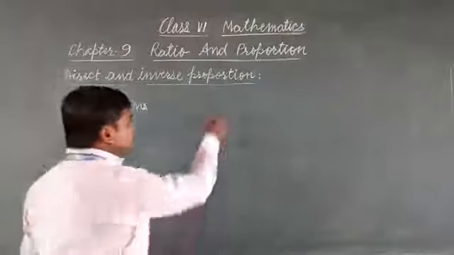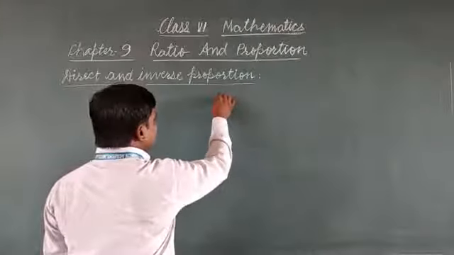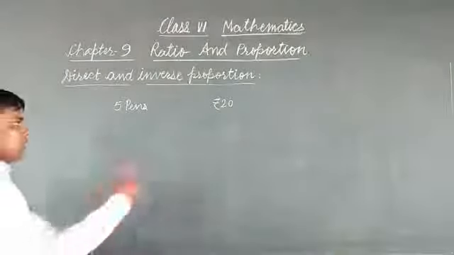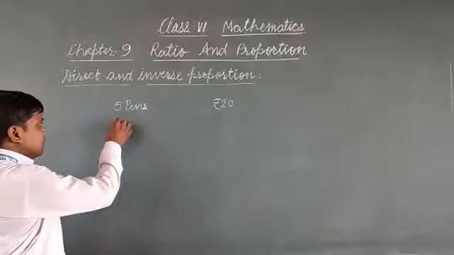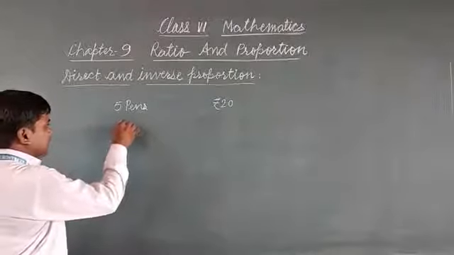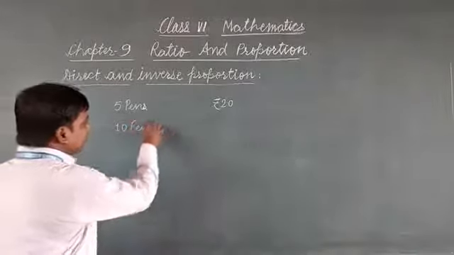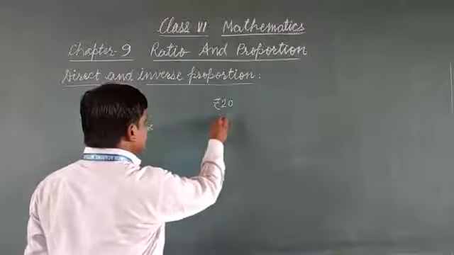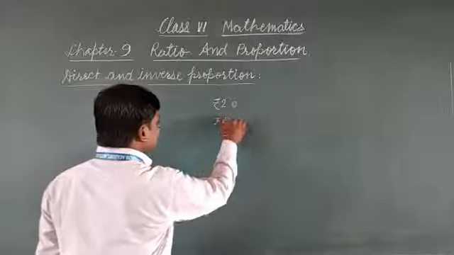Cost of 5 pens is 20 rupees. We have to write the cost of 10 pens. Surely we will write 40 rupees.